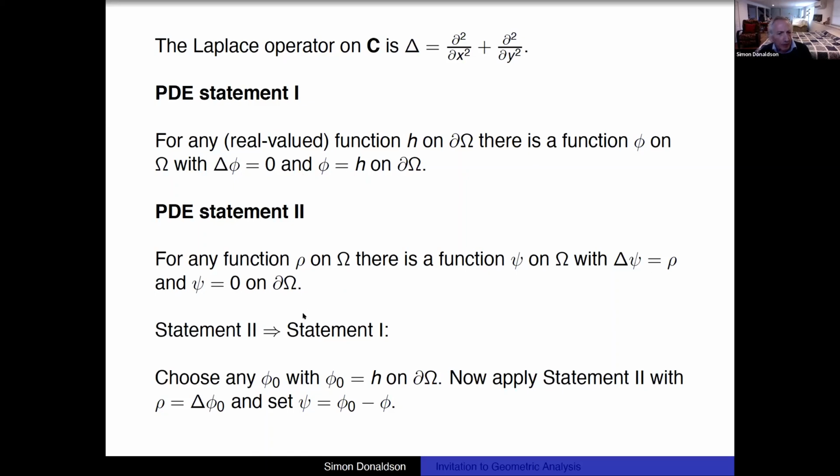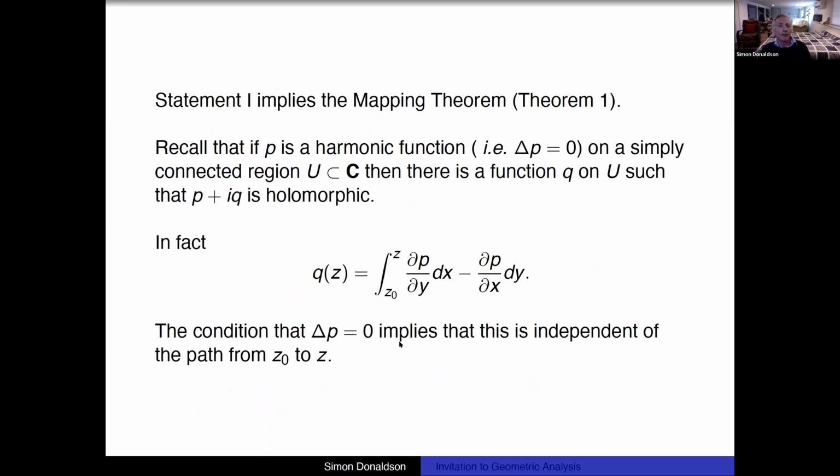It's easy to see that the second statement implies the first statement, because we can choose any extension phi 0 of h over omega and then apply the second statement to the Laplacian of phi 0, and then use the resulting function phi to modify our original extension.